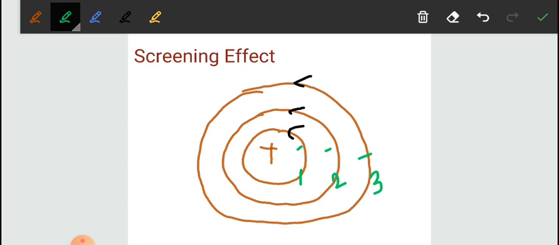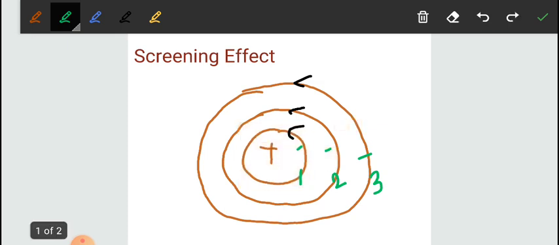I can conclude one more thing here: the electrons which are in the first shell will use some amount of the force of attraction from the nucleus, and the remaining amount of the force of attraction will be passed on to the next shell. Similarly, for the second shell, electrons will use some force of attraction exerted by the nucleus, and the leftover will be given to the third shell.